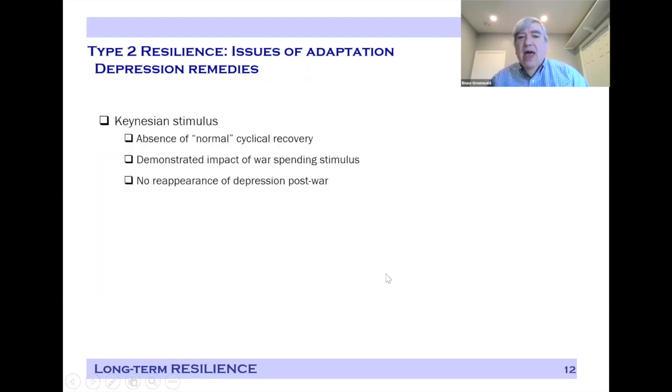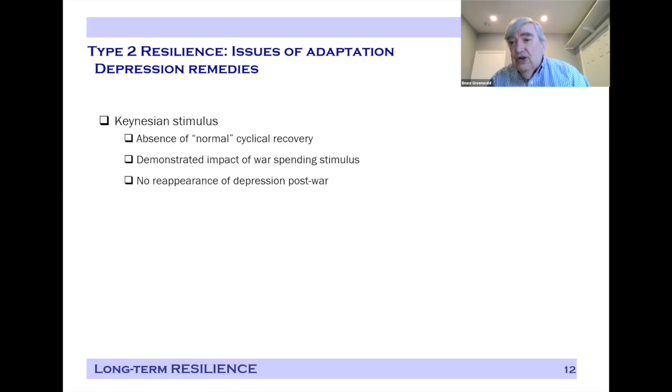Oh, by the way, in terms of interpretation, I think that there are real problems of understanding what went on. The thing is that a Keynesian model has a real problem always, which is that it's not a model of business cycles. The cyclical mechanism in a Keynesian model is animal spirits. And if you're relying on animal spirits as an economist, you're probably in real trouble. I think there's no question that the war spending had an impact.